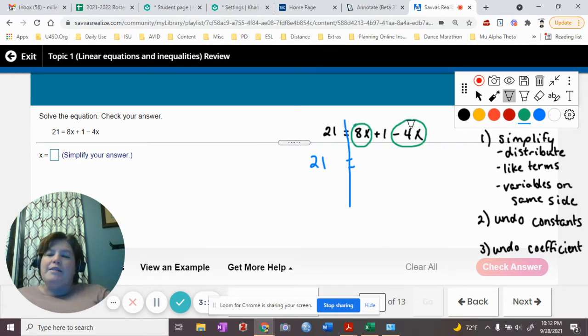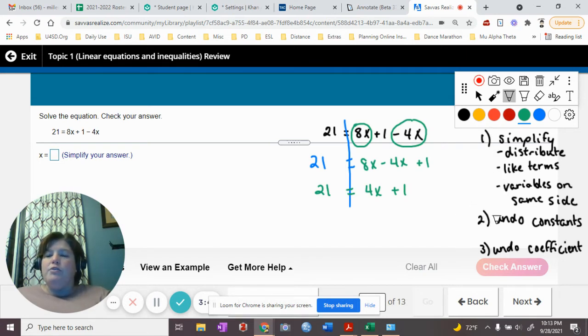So 8x minus 4x, and then add in my 1. 8x minus 4x is 4x. So I have 4x plus 1. I only have x's on the right side of my equation, so I'm going to leave it there. I want to make sure that I can get that variable by itself. So now I've done the simplify process.